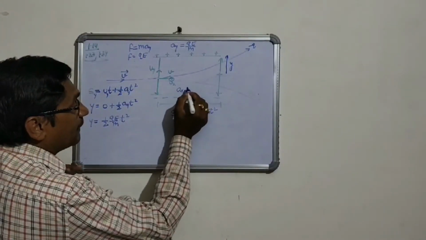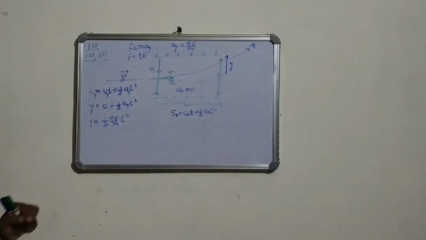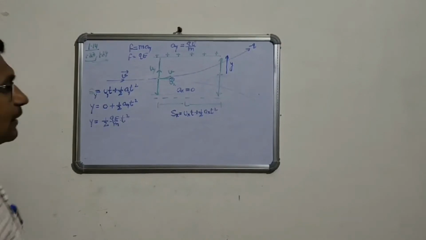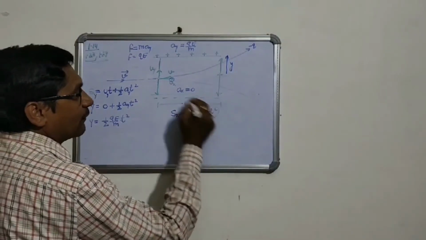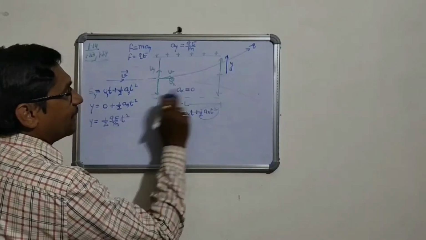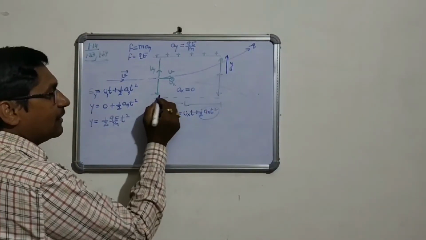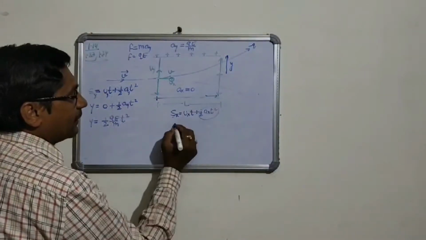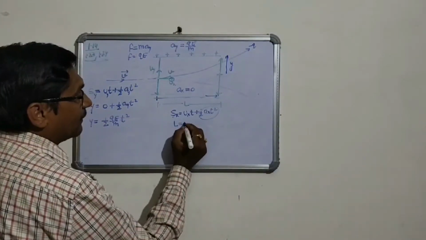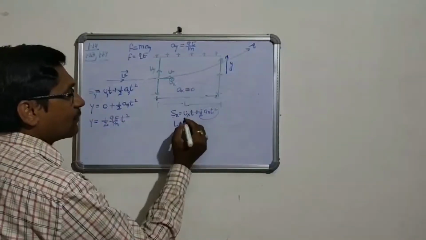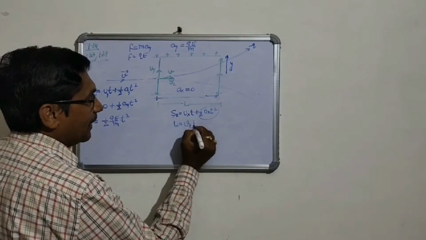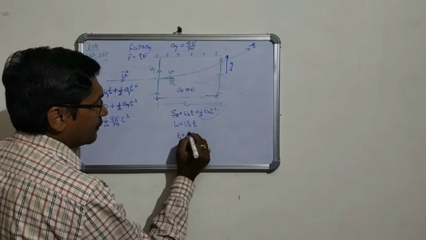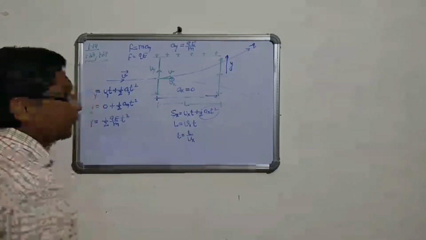Along the x-axis, acceleration is 0 because there is no change in velocity, and acceleration is the rate of change of velocity. So the whole term is 0 because ax is 0. So Sx equals L, the distance traveled by the charged particle. Ux is the initial velocity and the final velocity is the same, equal to Vx, and time is t. So time t equals L upon Vx.